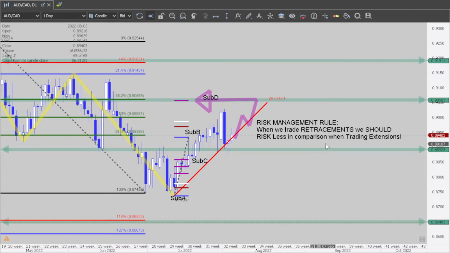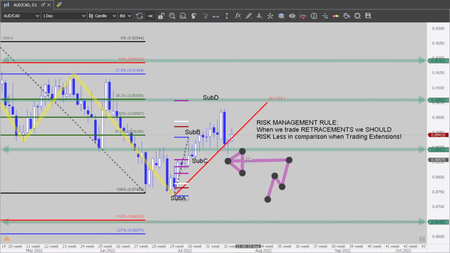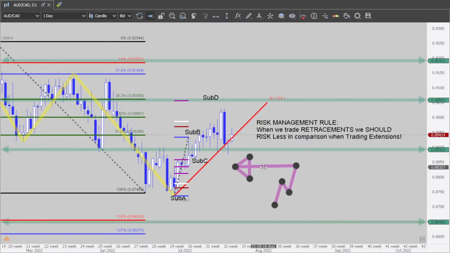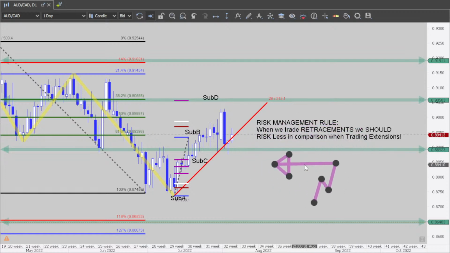When we trade retracements, we should, if you work with me, it's a must. Oh, boss, I'm going to do a retracement trade. Okay, risk less. Okay, we addressed this one already. Retracements are riskier. Why is that?